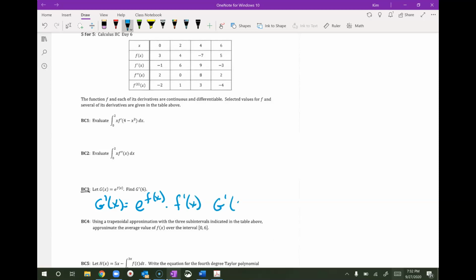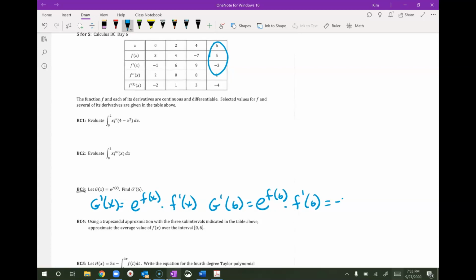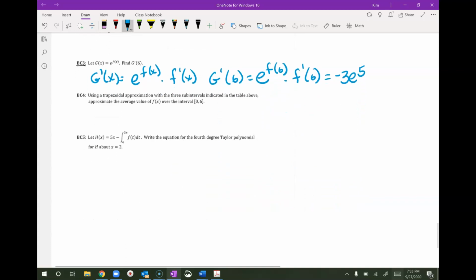So g prime of 6 equals e to the f of 6 times f prime of 6. Let's go to the chart and go to 6. Here we are. So f of 6 is 5 and f prime is -3. So our answer is -3 e to the 5th.